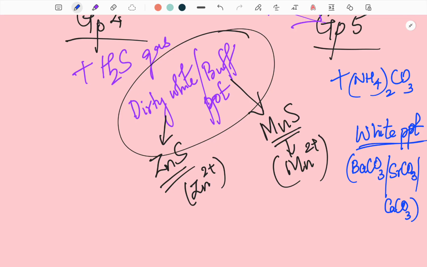So you cannot tell which ion is present, but you can conclude that a group 5 ion is present. You need to do another test in addition to this, which I will explain in the next part, because that is a confirmatory test. If you are getting the desired result, then only will you be able to identify the exact cation. I hope that is clear.